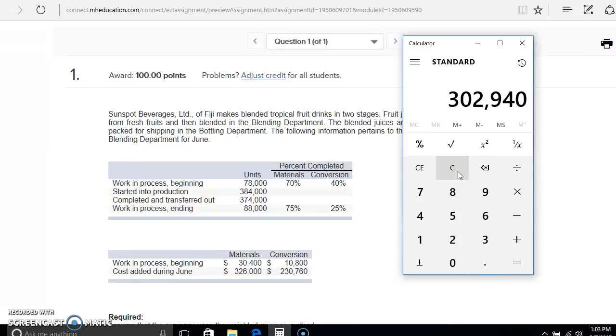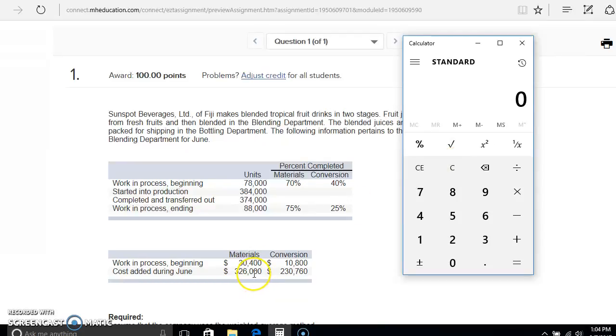So 302,000 was the cost transferred out for materials. And then for conversion, we had that 0.61. We had 228,140. So let's add those together. So transferred out was $531,080.